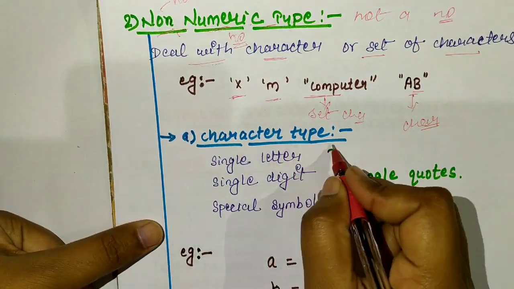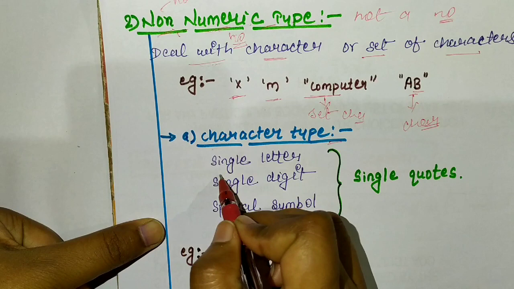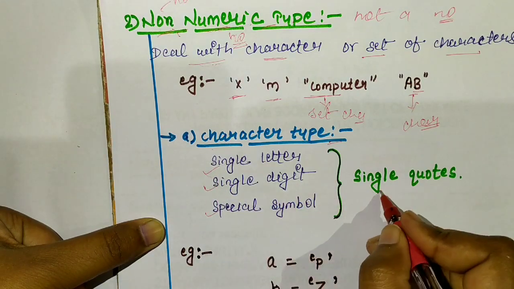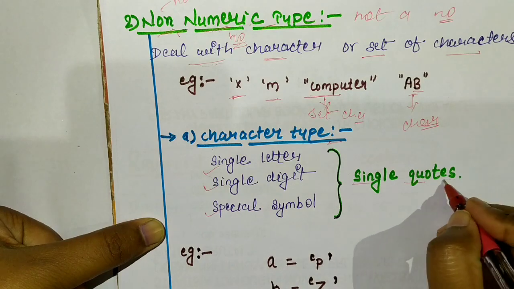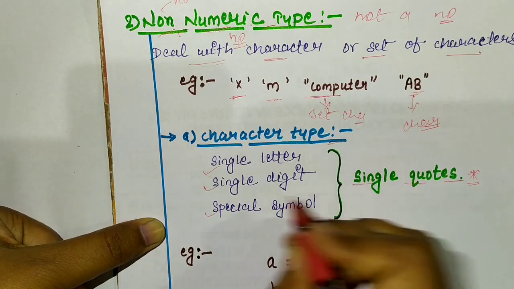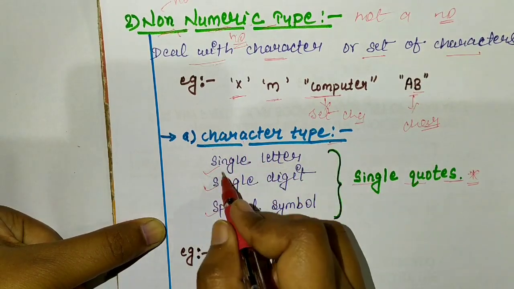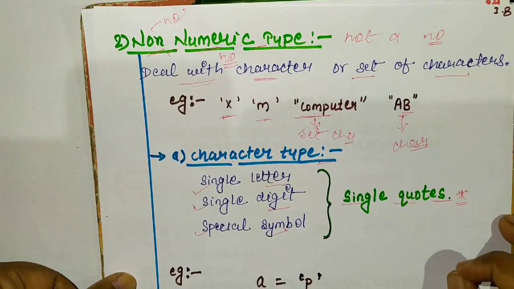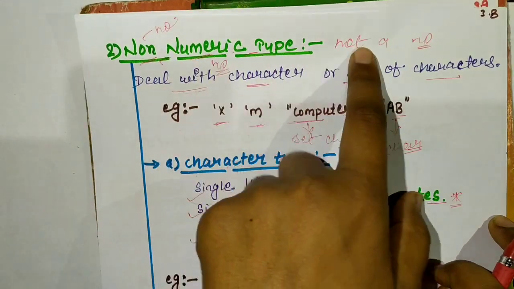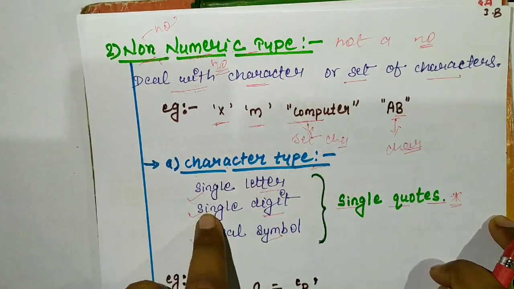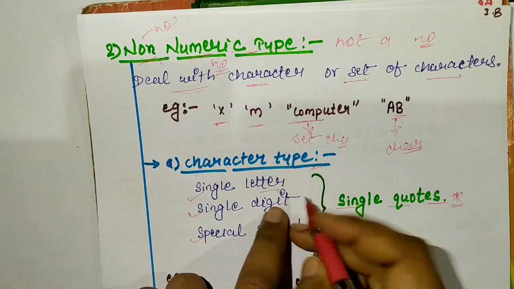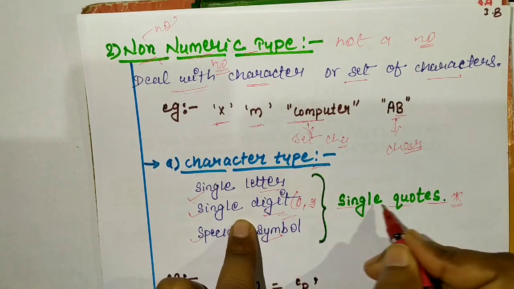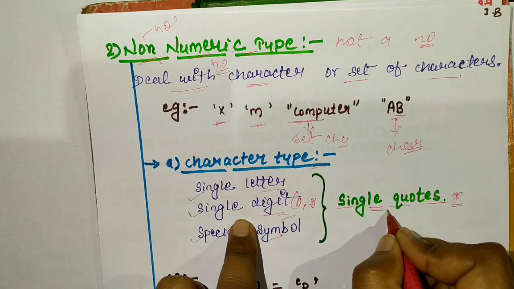The character type contains a single letter, single digit, or single symbol in single quotes. This is compulsory for a character type value. It contains a letter, digit or symbol. It might seem I said it does not contain numbers, but it can contain a digit, with one condition: the single quote.